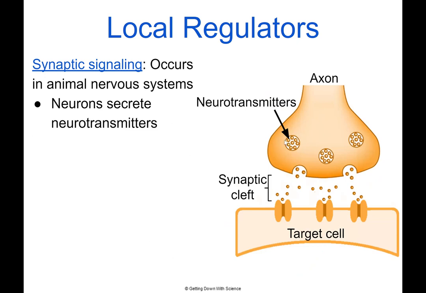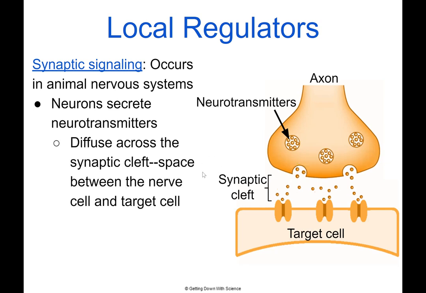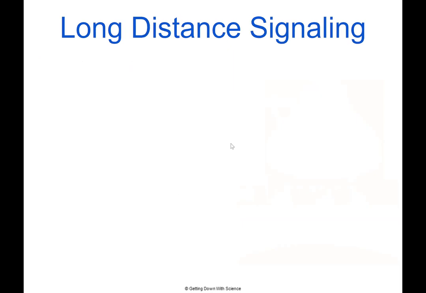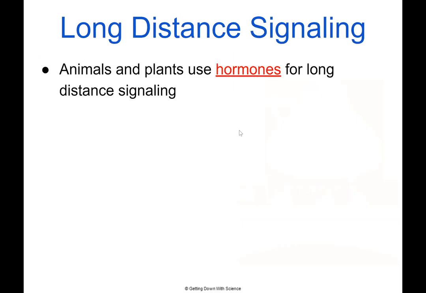So we have the neuron secreting neurotransmitters into little vesicles, and they eventually can be released into the synaptic cleft. They'll diffuse across, get picked up by the receptors, and cause the target cell to perform whatever behavior is being requested.